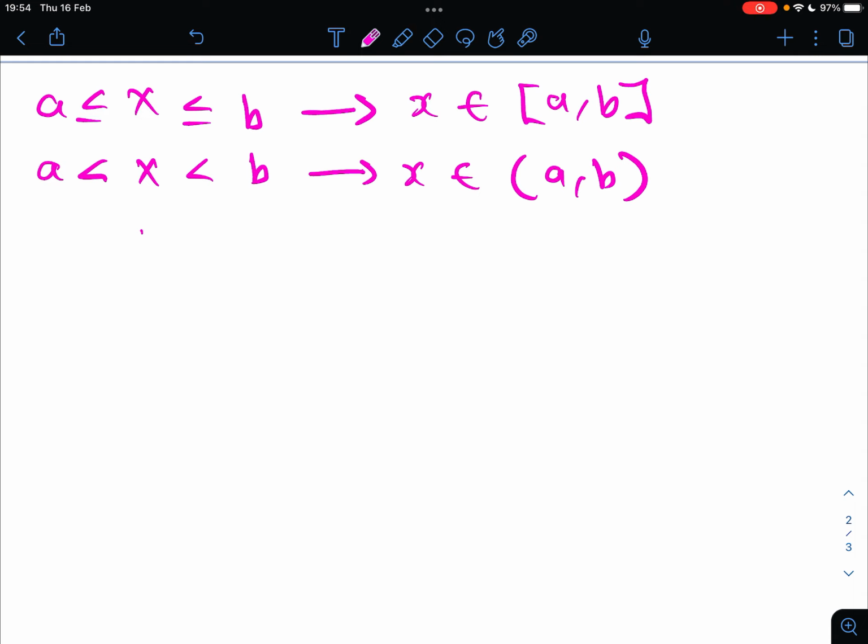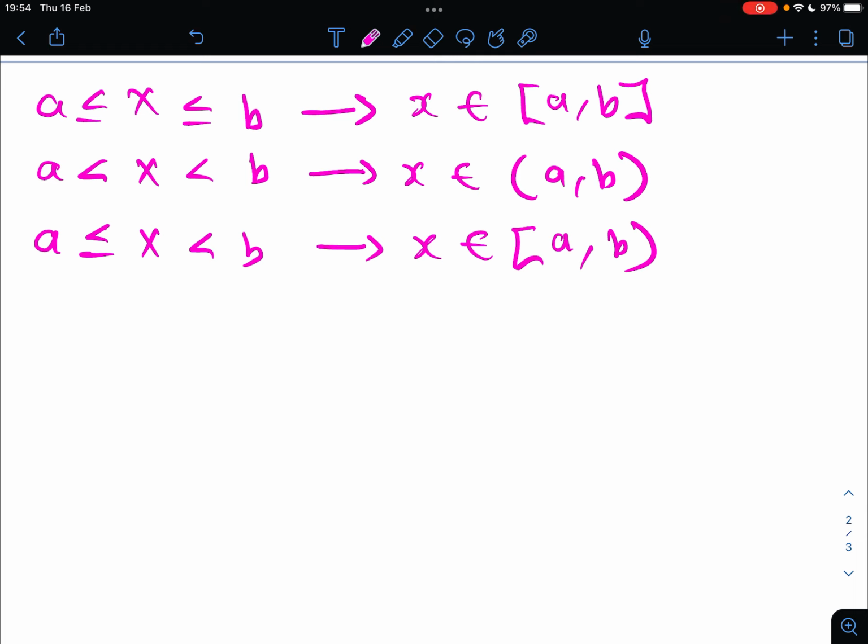So you will see that if you have something like x is greater than or equal to a and less than b, then this can be interpreted as x is in a square bracket because there is a greater than or equal to on the left, and a round bracket because you have a strictly less than on the other side. You see that?